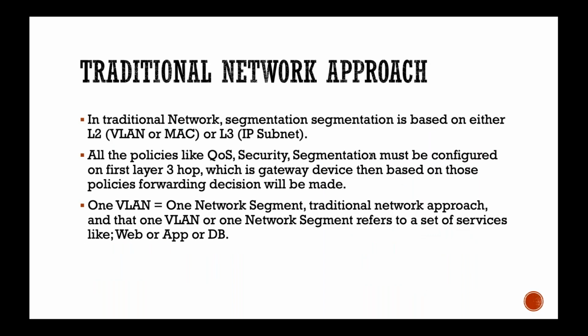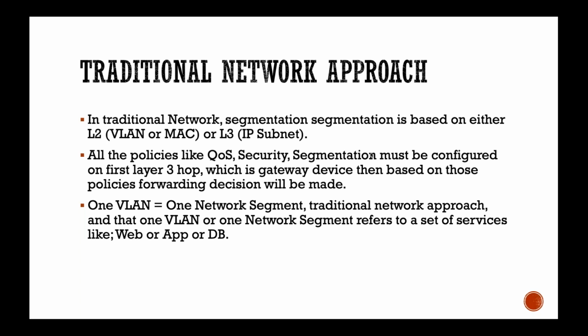What was my traditional network approach? In my traditional network, the segmentation was based on either layer 2, which is VLAN or MAC, or layer 3. So how will you segment? Just take an example. You have a data center, you have a web server, an app server, a database server, and some third party servers.